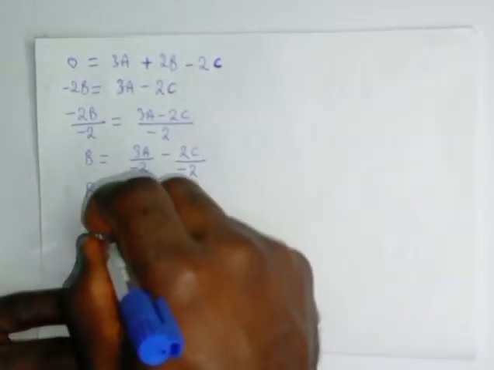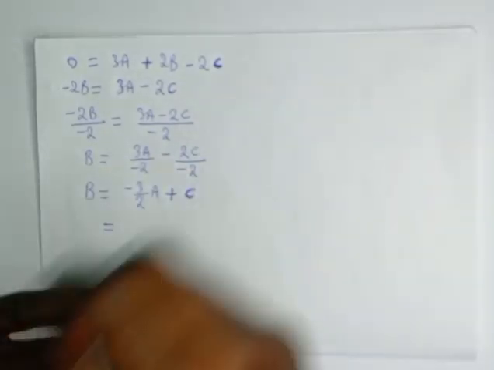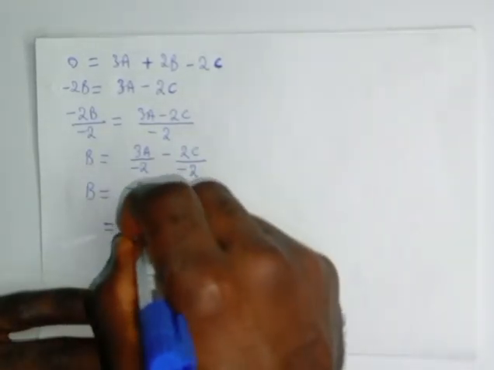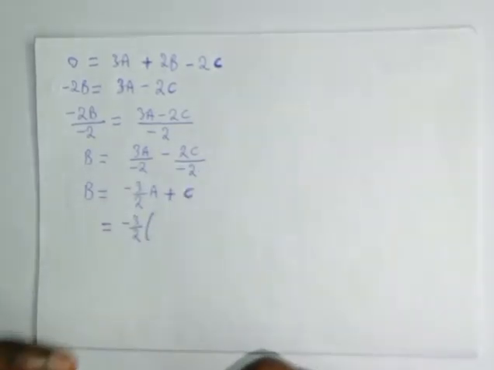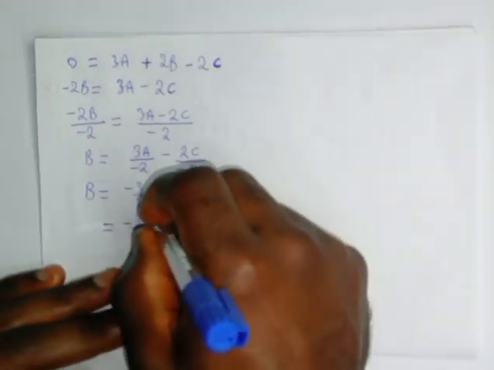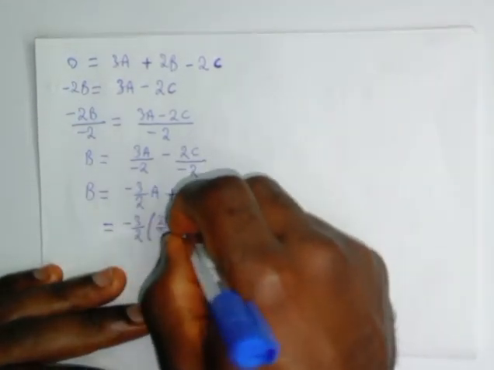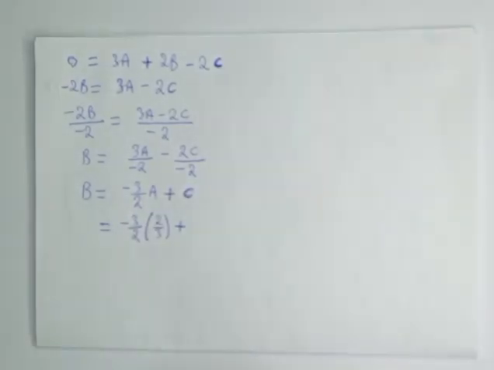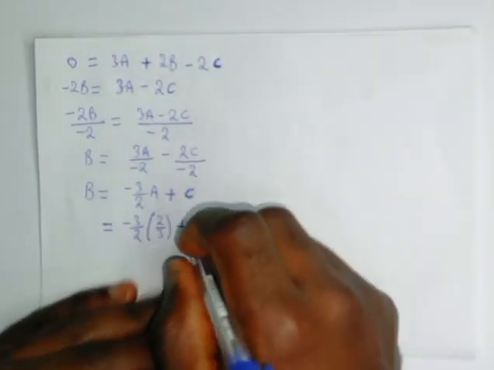And this will simply give us b to be equal to negative 3 on 2 times, we are going to insert the value of a. We know a is equal to 2/3, we calculated a, plus we are going to insert the value of c, which is 1/3.